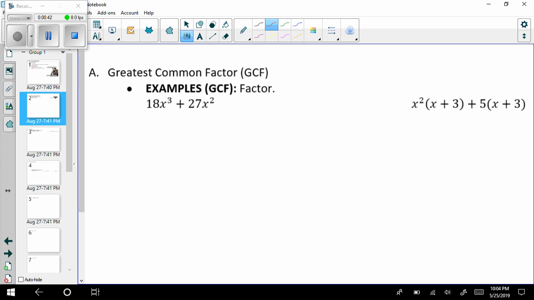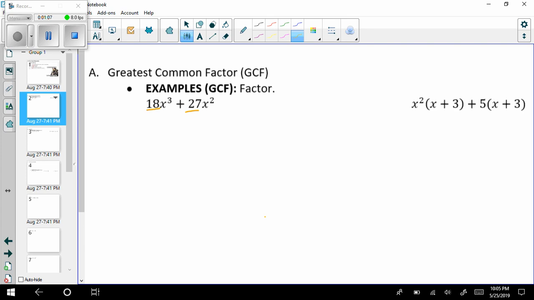Probably the easiest way to go about doing this, and the thing you usually want to check for first, is to see if you can take out the greatest common factor, or the biggest thing that both of them have in common. So this first polynomial, I have 18x cubed plus 27x squared. Let's look at the numbers first, the 18 and the 27.